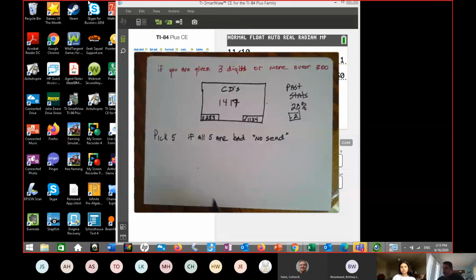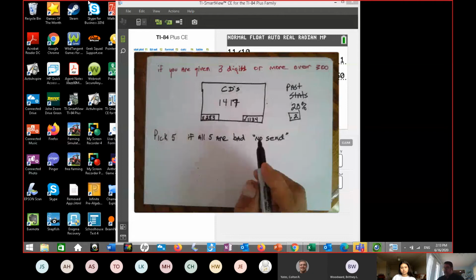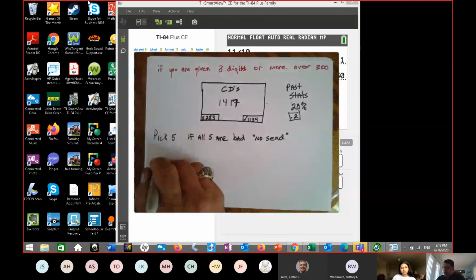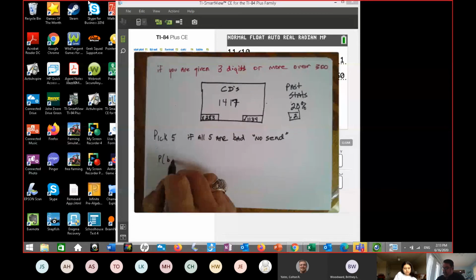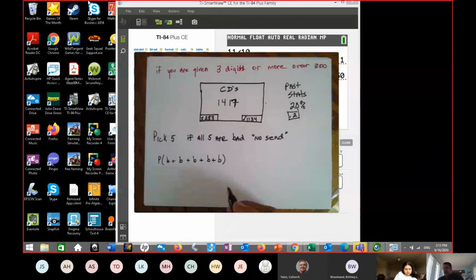But if all 5 are bad, then you're not going to send this crate out. So what is the probability of bad and bad and bad and bad and bad? It's an "and," so it's the multiplicative law.